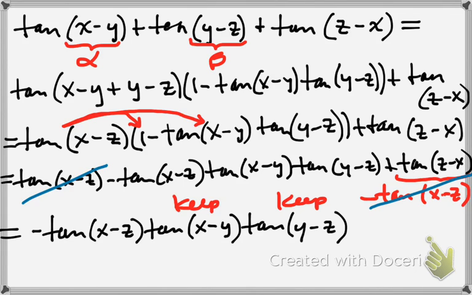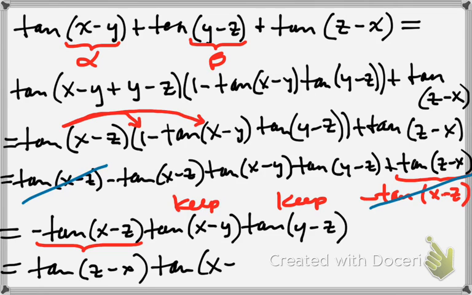So I'm going to keep those two guys, the tangent of x minus y and the tangent of y minus z. I'm keeping those, but I want to get rid of that first guy, and I'm going to use that identity, and the opposite of the tangent of x minus z is equivalent to the tangent of z minus x. And then we just keep the other factors. And there's your proof.